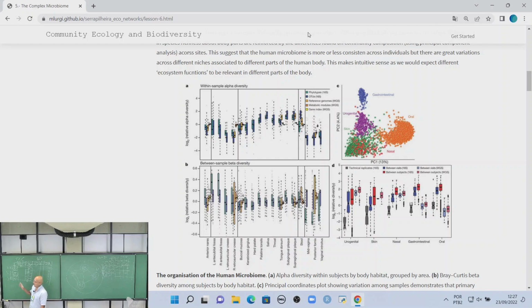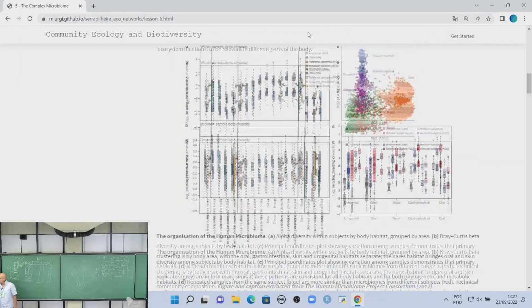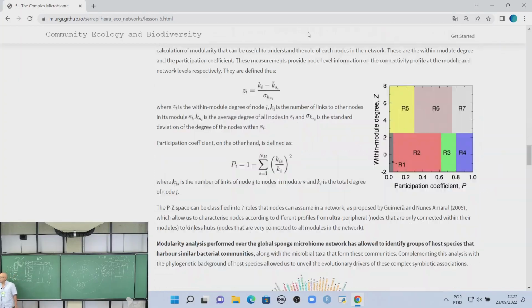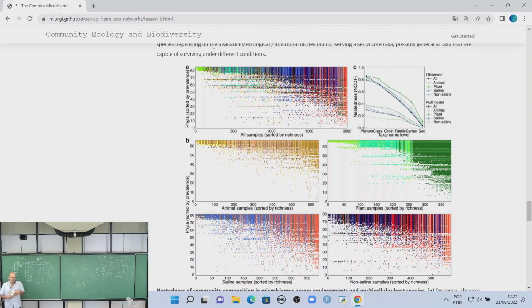So, again, this is just to illustrate that when you are doing this kind of network analysis, it's not just about quantifying the patterns. It's also about thinking what are the implications or the potential processes driving it.